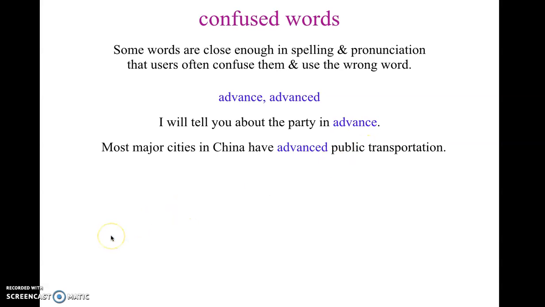Most major cities in China have advanced public transportation. This one means sort of beyond something. So beyond the public transportation of small towns, or beyond the public transportation of perhaps other countries, right? So more than or beyond. We often use it with technology, advanced technology, right? The most current, most modern technology.